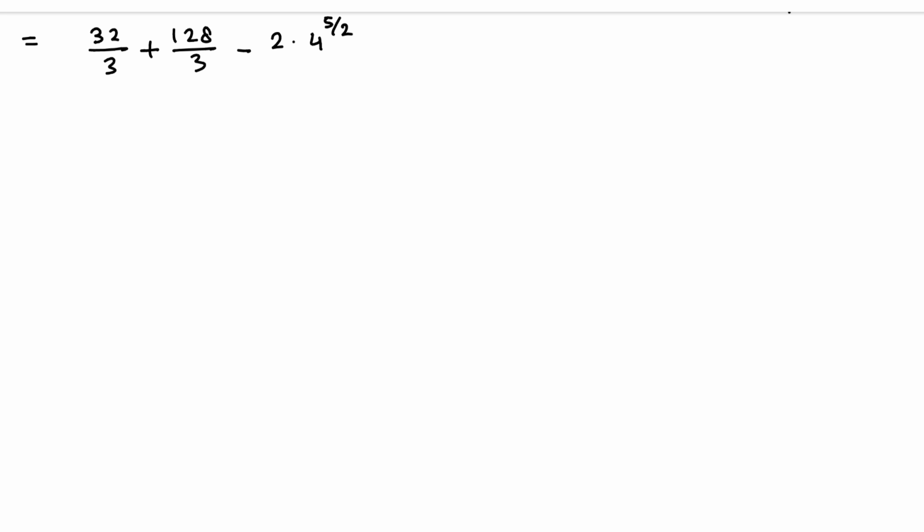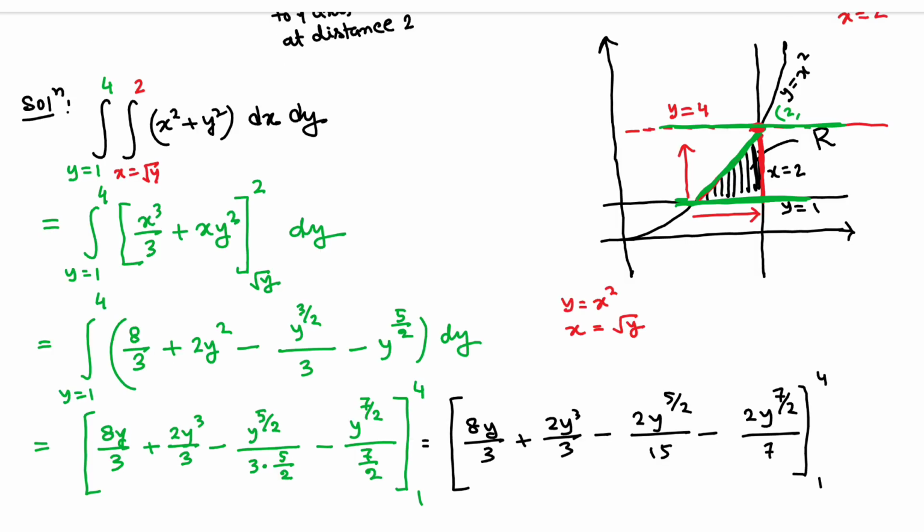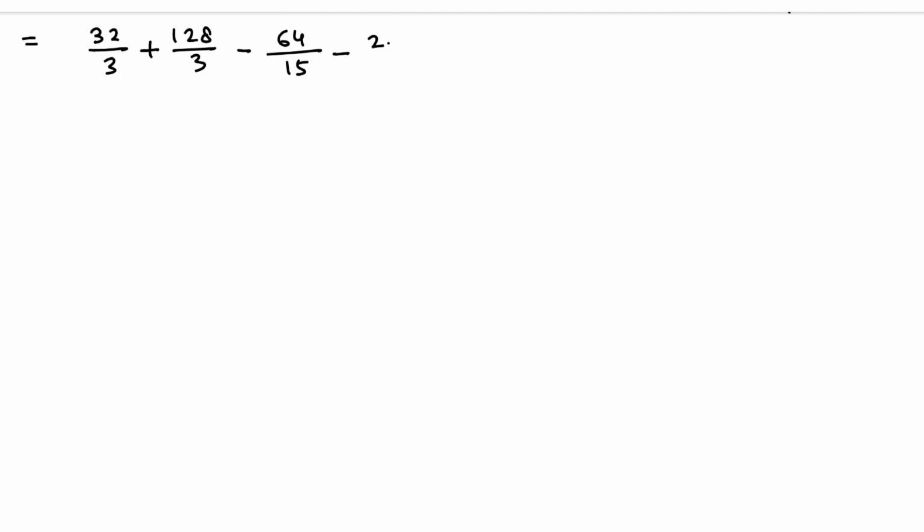Actually 4 to the power 5 by 2 means 2 to the power 2 times 5 by 2, so the 2 cancels, that means 2 to the power 5, which is 32, and 32 into 2 means 64, divided by 15, minus 2 into 4 to the power 7 by 2, that means 2 to the power 7.